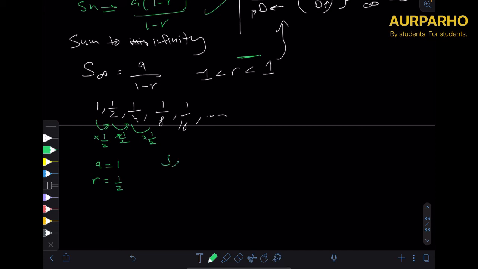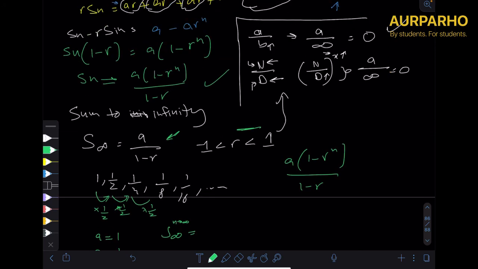And what if I ask you to find the sum to infinity? Now the formula for sum to infinity is a bit different than the normal, but it's actually the same because when I write it like this, a times 1 minus r to the n over 1 minus r, sum to infinity is basically the sum when the nth term is approaching infinity, right? When the nth term is becoming larger and larger.